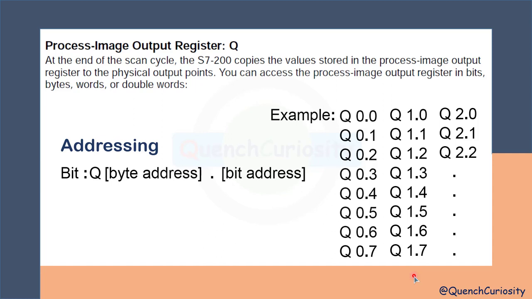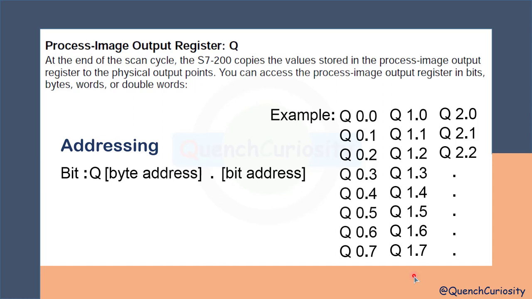Based on the requirement, you may have more inputs, fewer outputs, more outputs, fewer inputs, or an equal number of inputs and outputs. Also, it depends on the type of model or the manufacturer you are choosing. That is why keep in mind that the inputs and outputs for a PLC are in limited numbers.